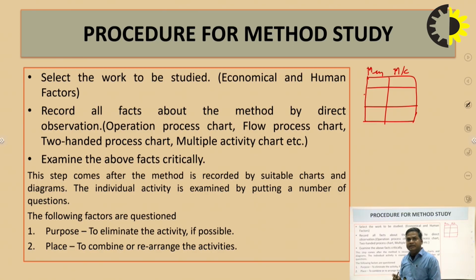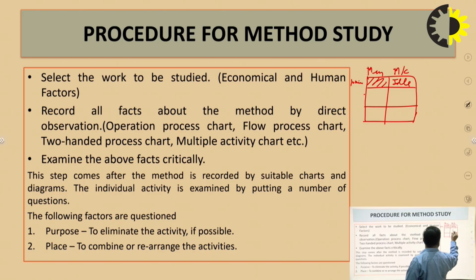So this activity is done by the man, and suppose the time taken is 10 minutes, and the machine remains idle in this period. After this, the power is switched on and the drilling is done by the machine over the workpiece.